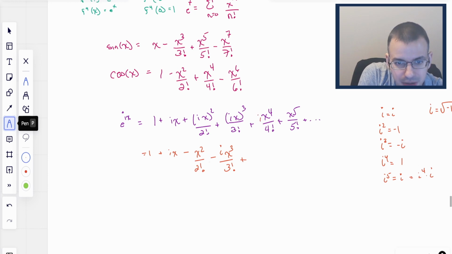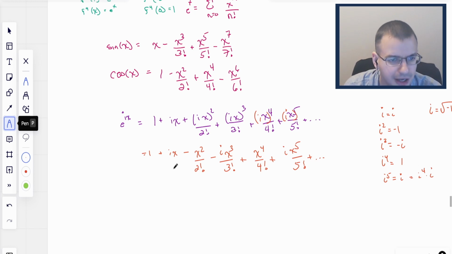Plus i to the fourth is just 1, so this becomes x to the fourth over 4 factorial. And then we get plus i to the fifth, which is again just i, so ix to the fifth over 5 factorial. And we're going to do the dot, dot, dot. There we go. I know, a little bit messy.